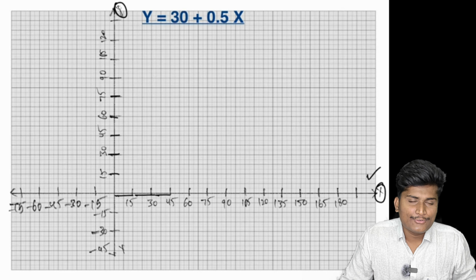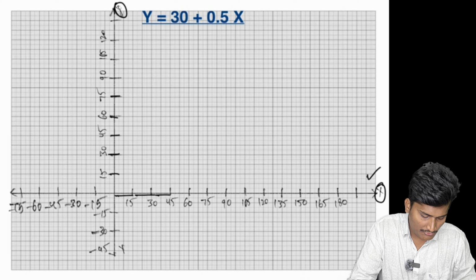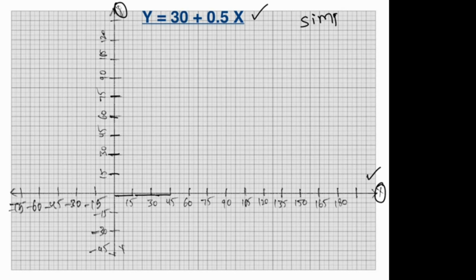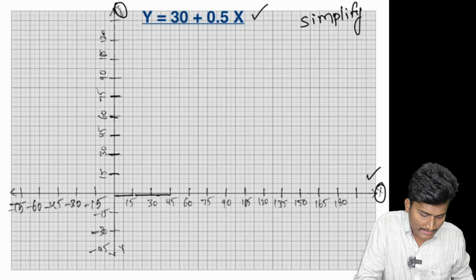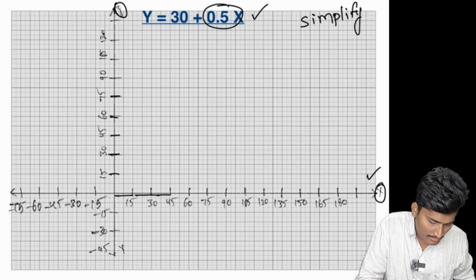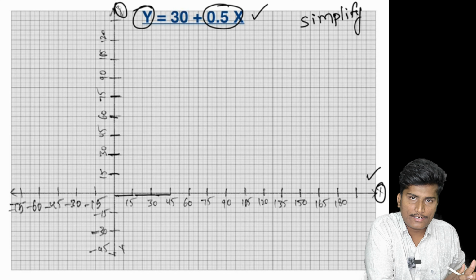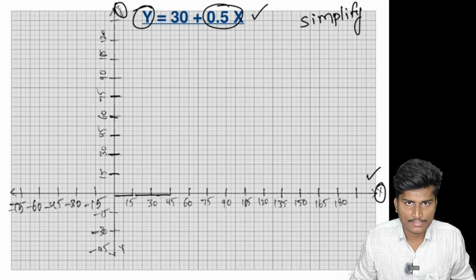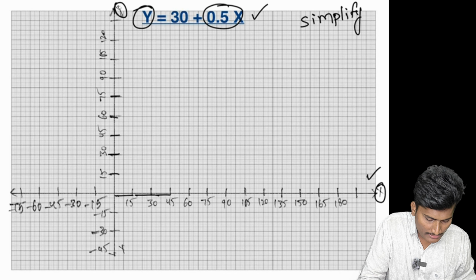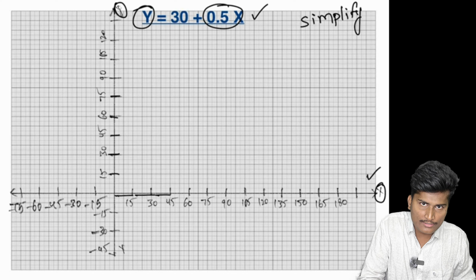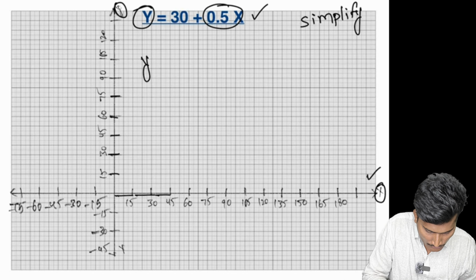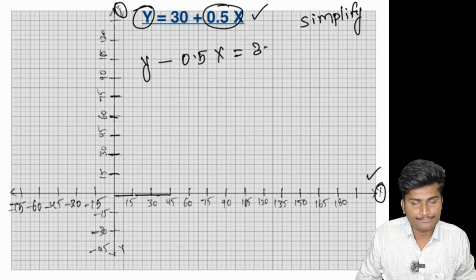To represent this equation in the graph, there are some steps we need to follow. First of all, we need to simplify this equation. How do we simplify it? We need to get all the variables to one side of the equation and all the constants to the other side. If we take 0.5x to the left hand side, then the equation will be y minus 0.5x is equal to 30.